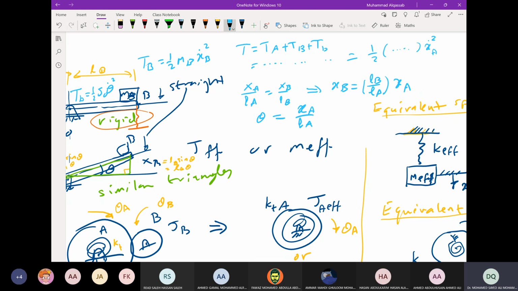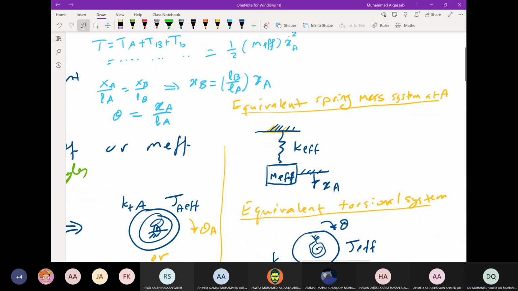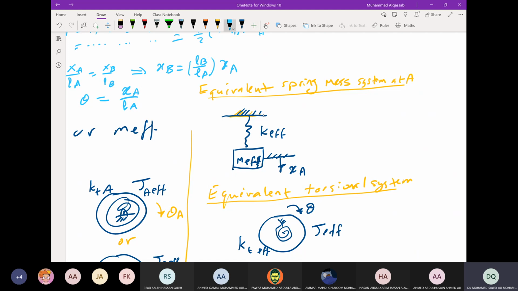Make sure that you keep the factor half in front, and then XA dot squared at the end. And whatever is inside is called M effective, which gives the spring mass system. So this has a kinetic energy T equal to 1/2 M effective XA dot squared.